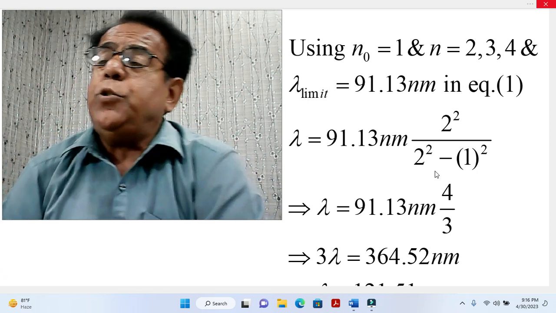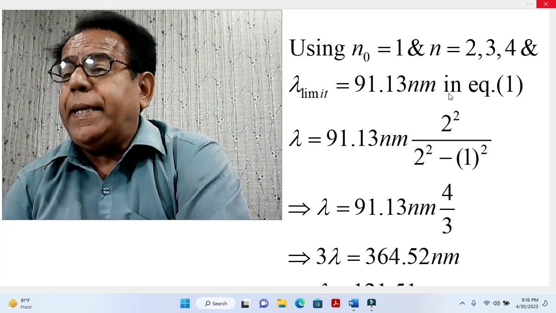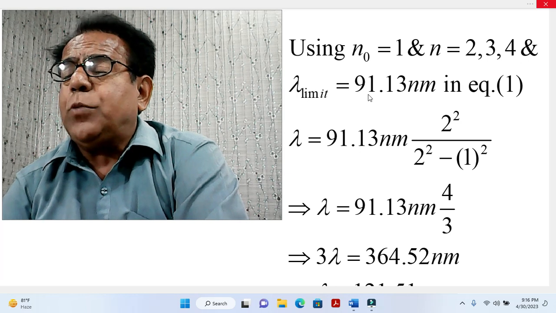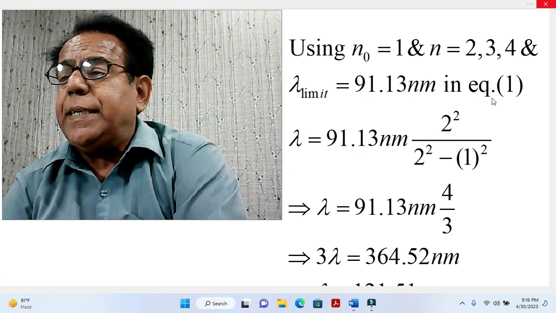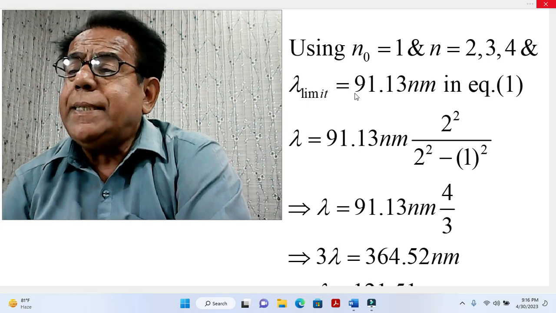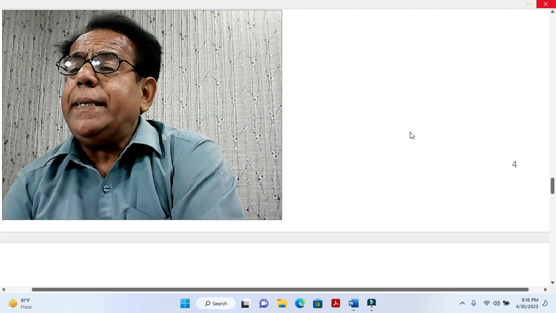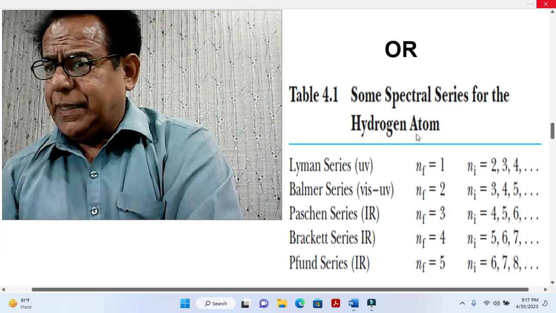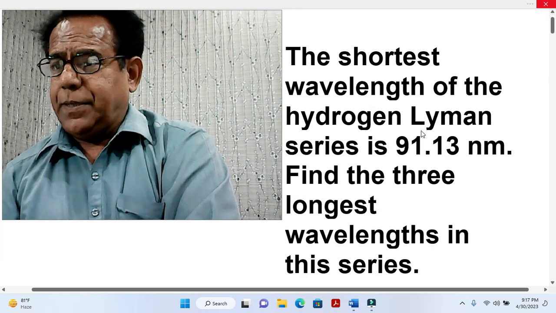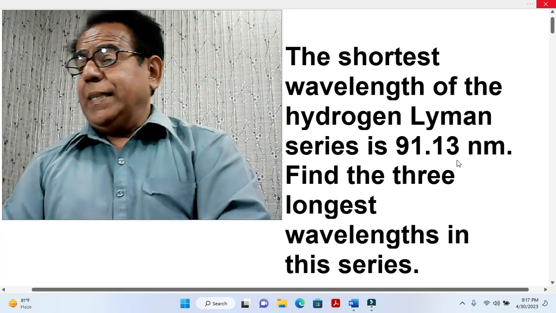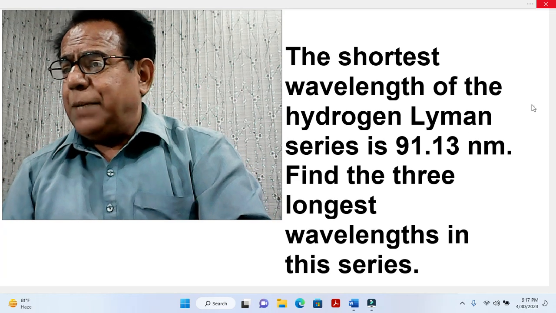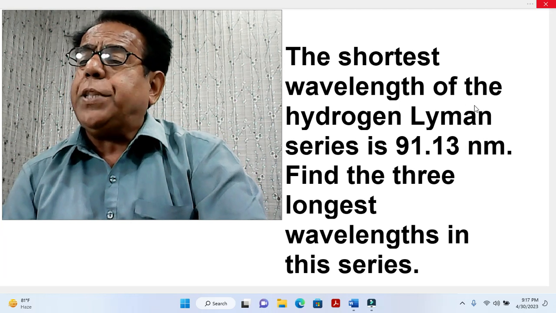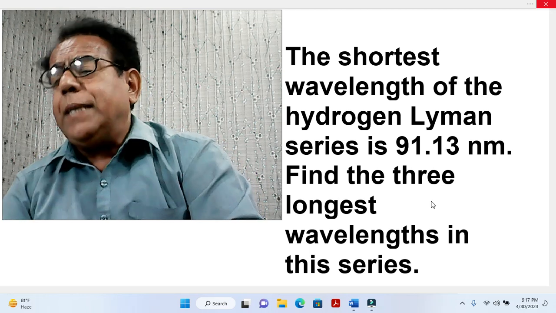Now dear students, using n naught equal to 1 and n equal to 2, 3, 4 and lambda limit equal to 91.13 nanometer in equation number 1, because this is given in the statement. And one more thing is given in the statement: Lyman series. Lyman is given and 91.13 is given. These two things are given and the remaining things we have to find out.